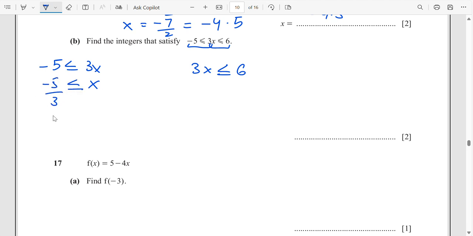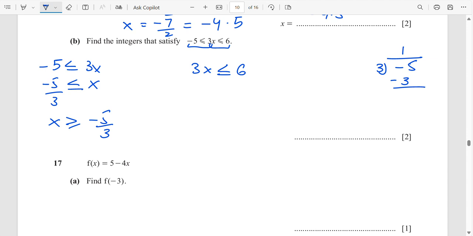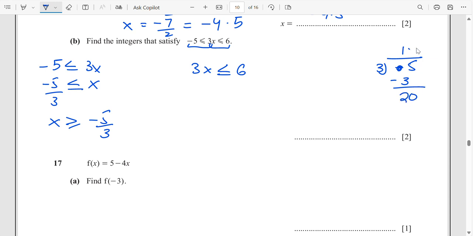So x is greater than or equal to minus 5 over 3, which is approximately minus 1.66.